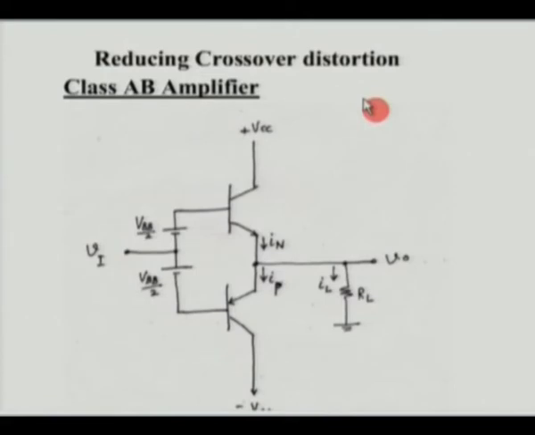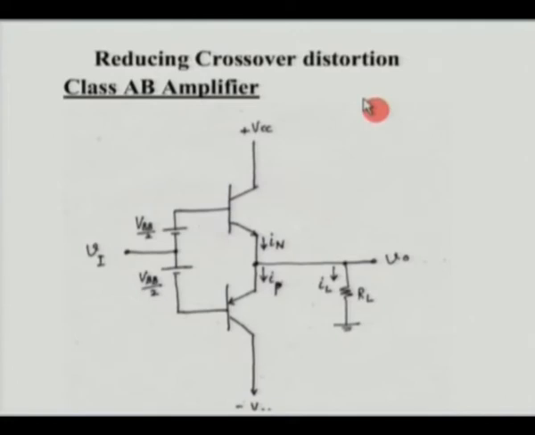We could get a maximum efficiency of 78.5%, but unfortunately because of the dead zone which we have in the transfer characteristic, we have what is called a crossover distortion, which is displeasing and which we cannot have.